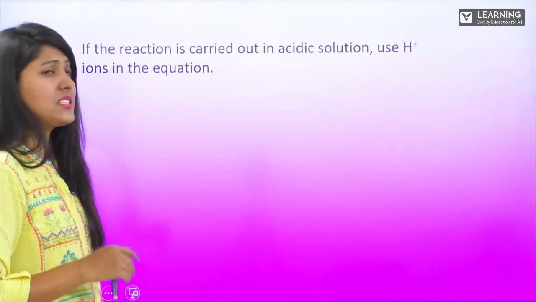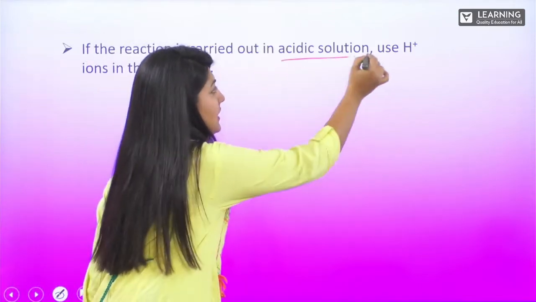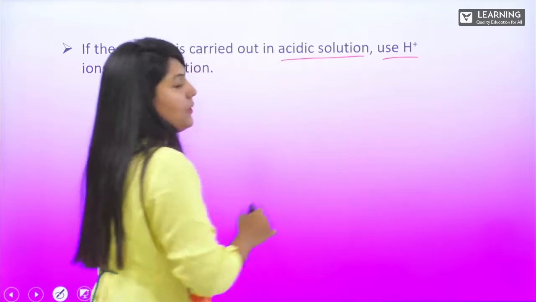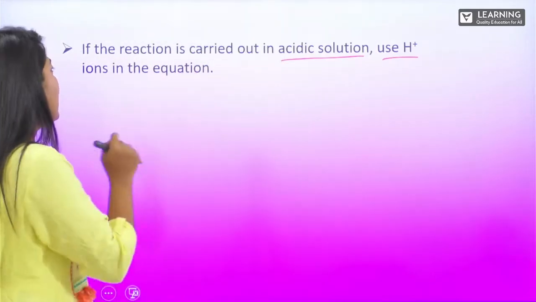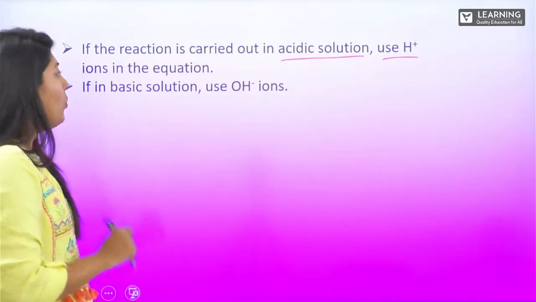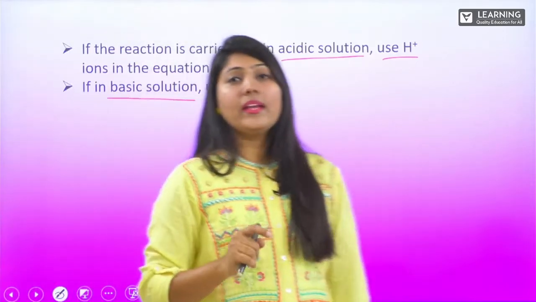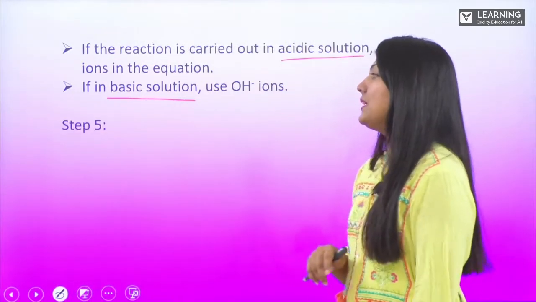If the reaction is carried out in acidic solution, we use H plus ions in the equation, whereas if it is a basic solution, we use OH minus ions.